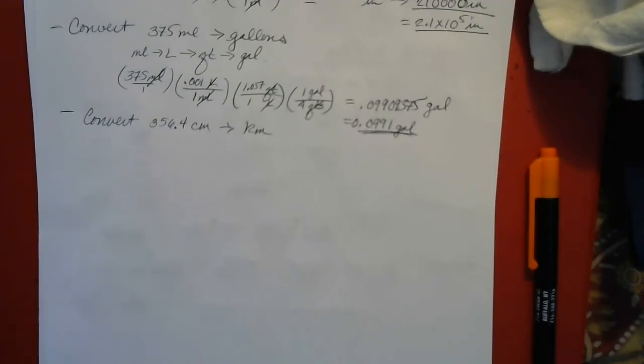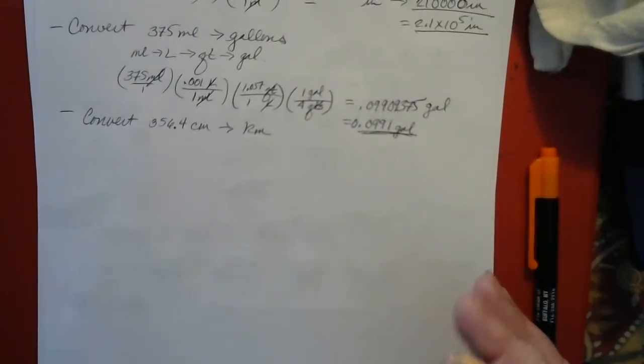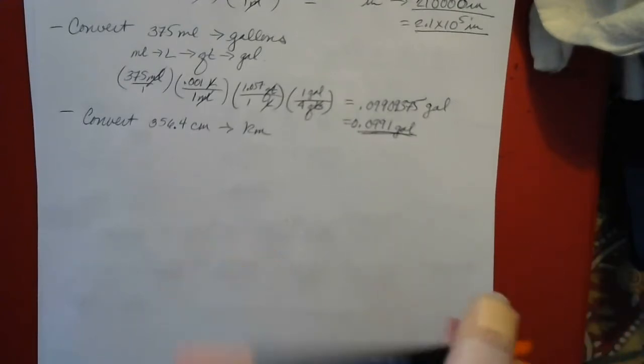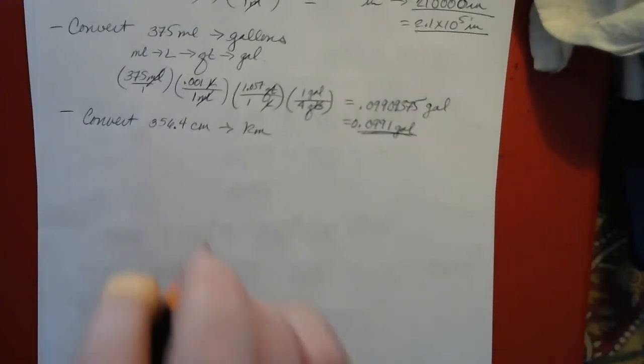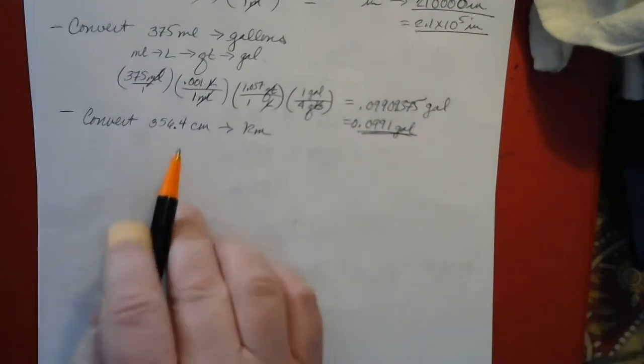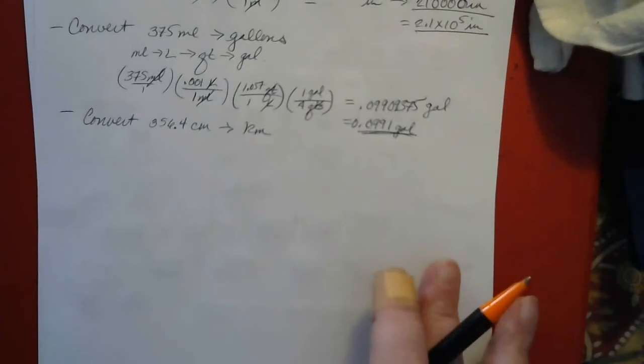But so far we've been faced with cases where we just have to convert from a unit with a prefix to a unit that doesn't have a prefix, or maybe the other way around. It can get a little bit more complicated though if you have to convert a metric unit with a prefix to another metric unit with a prefix, like for instance centimeters to kilometers.